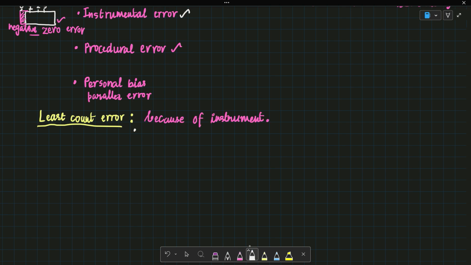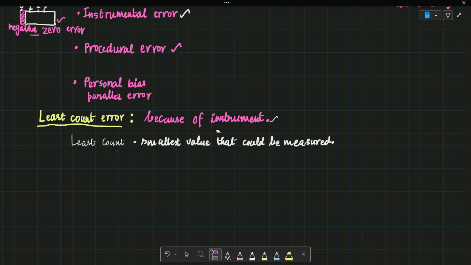Least count means the smallest value that can be measured by an instrument. We are saying that least count error occurs because of the instrument. Why? Because least count is the smallest value that could be measured by any instrument. All instruments have this limitation. It cannot measure less than the least count value.